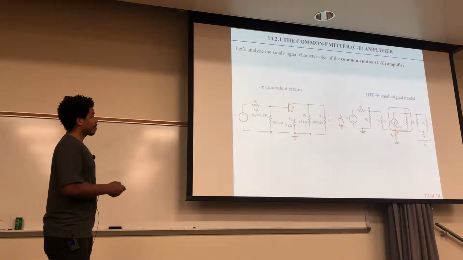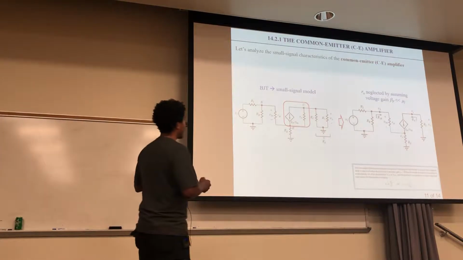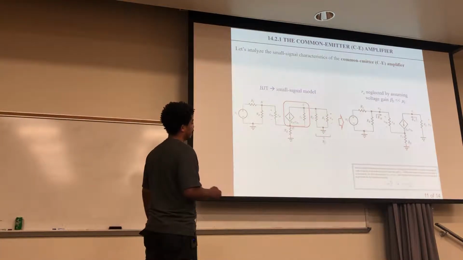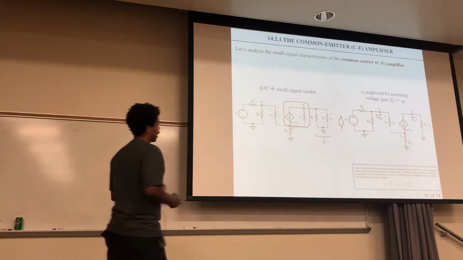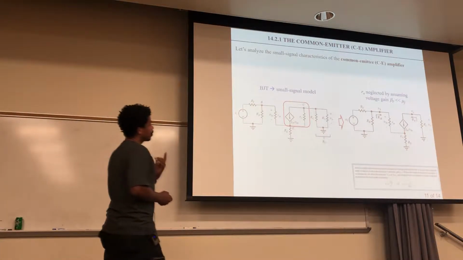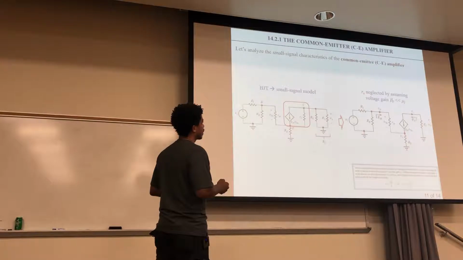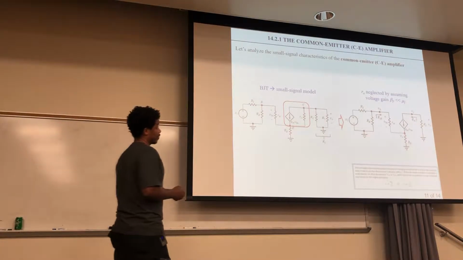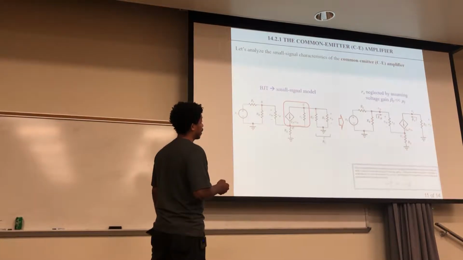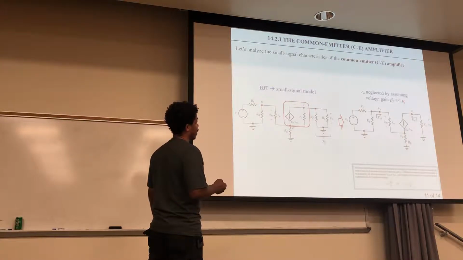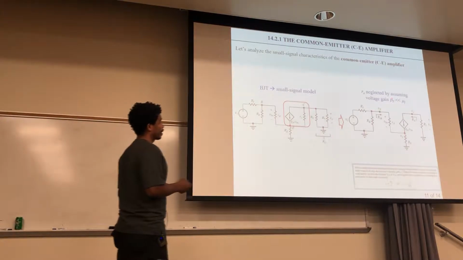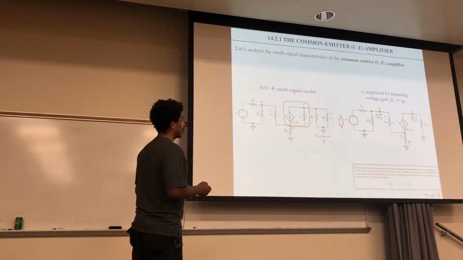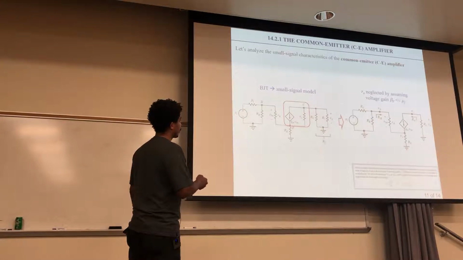And then once you have that, you can go from that to this, an even more simplified model, if you can neglect this R0. One way to neglect it is if you assume that your voltage gain, beta F, is much, much less than your intrinsic voltage gain, the mu F. If that's the case, and that's a good assumption to make, then you can get rid of this resistor right here.